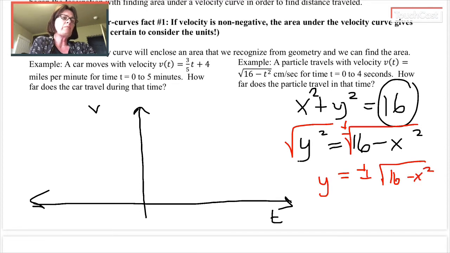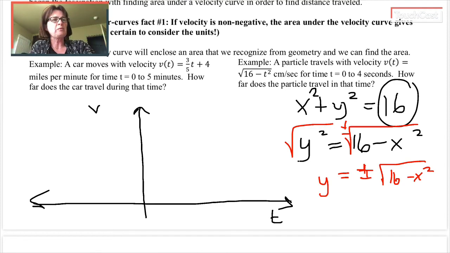So if you left off the plus or minus sign, like you can see here, I hope you'll recognize that as the equation of a circle whose center is 0, 0, and whose radius is 4, the square root of 16, but just the top half, where the y-coordinates are positive.